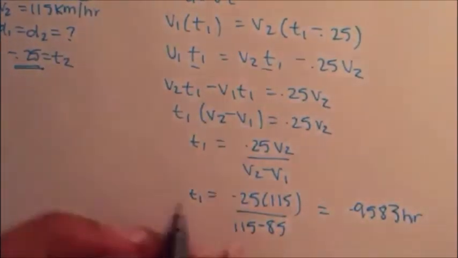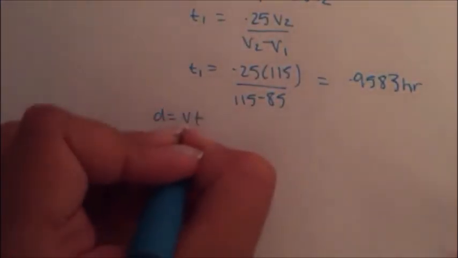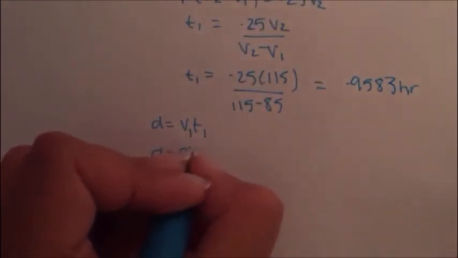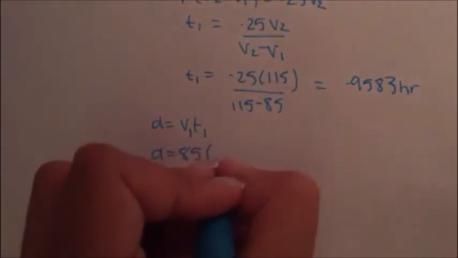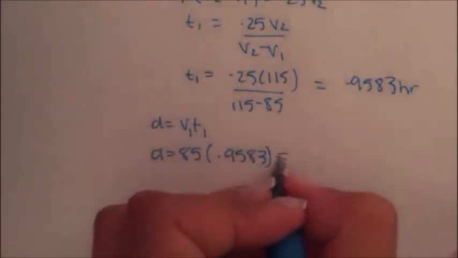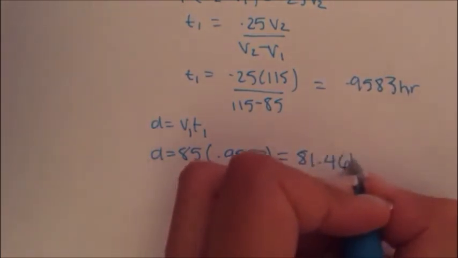And so using the idea that distance equals velocity times time, and we're going to use time 1 and velocity 1, the distance is going to be 85, the velocity, times the time, which is going to give us a distance of 81.46 kilometers.